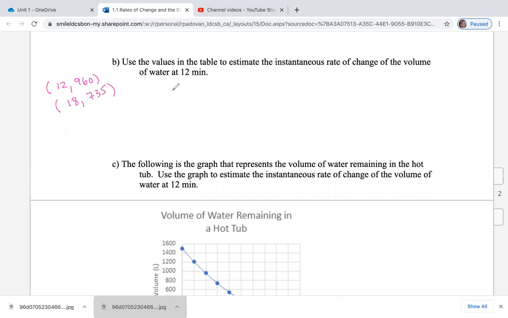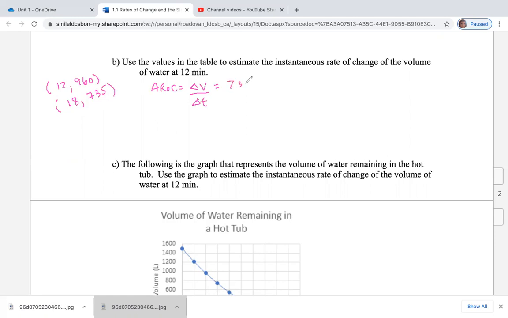And then again, I have to figure out the average rate of change. So again, my change in Y or change in V over my change in X or change in time. I'm going to start the same way as before. I'm going to say this is X1, Y1, first point, second point, X2, Y2.